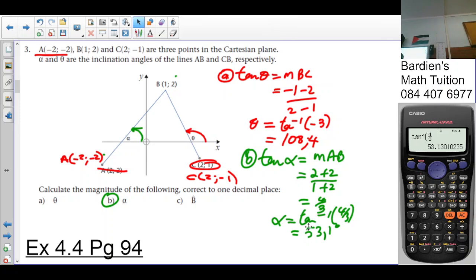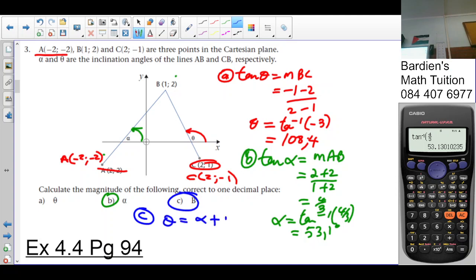Then angle B. To work out angle B, we do the same as we did before. We know the exterior angle, which is theta, is equal to alpha plus angle B. Exterior angle of triangle. Do I need to state the reason here? No, you don't need to state the reason. It's not Euclidean geometry.